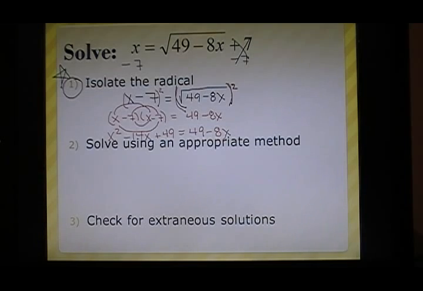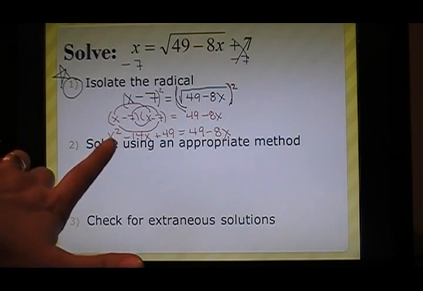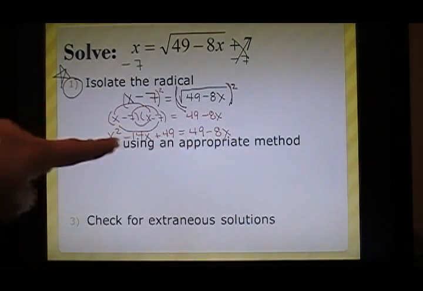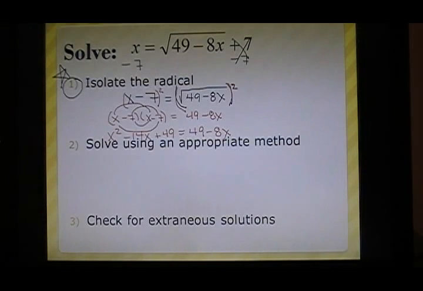Okay? After FOILing, I see that I have this x squared. So this is a quadratic equation. And if we have an x squared, then we will solve by factoring.